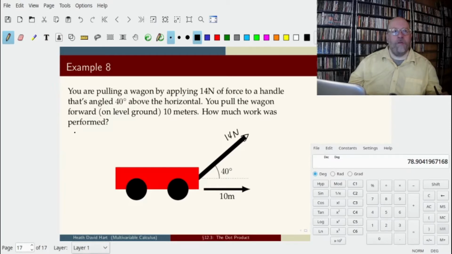So we need to figure out what the force vector is. And we know the magnitude is 14. And we know the angle is 40. And so the coordinates are 14 times the cosine of 40 degrees, and 14 times the sine of 40 degrees. And we can calculate that out. 40 degrees, take the cosine and multiply by 14.